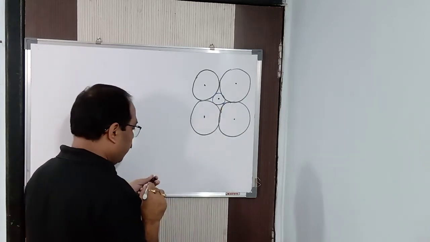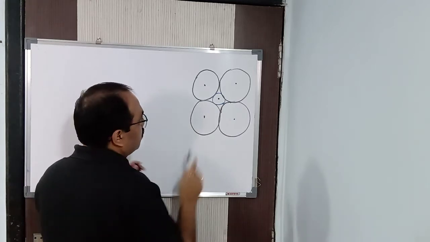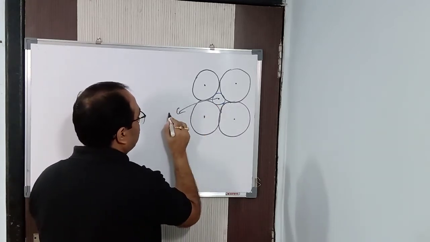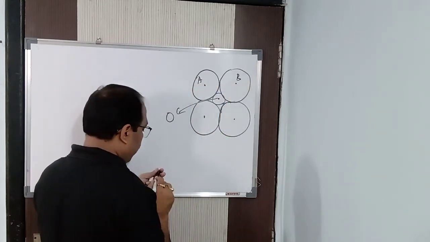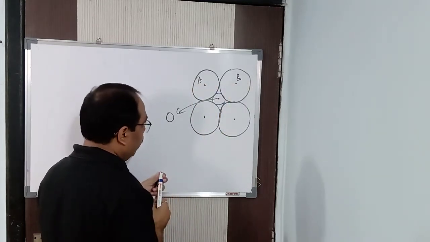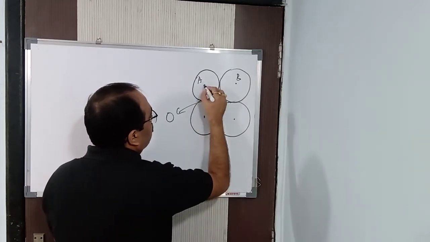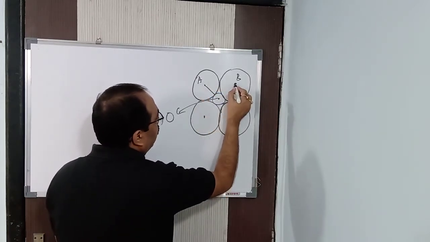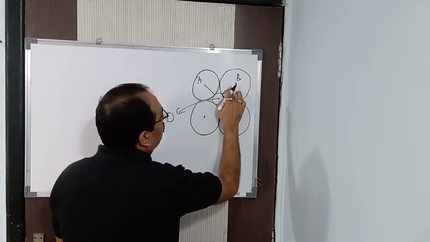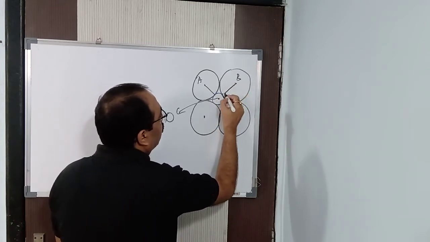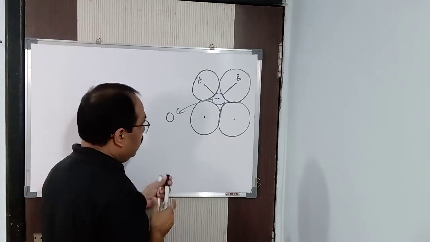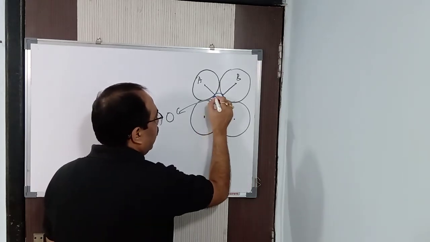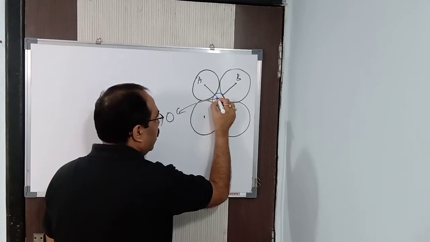Listen carefully, the center of the void I am taking as O, and this one I will take as A, and this one as B. And I will join them. Here to here I am joining with black. For the atoms I am joining with black, and for this one I am joining with blue, a dotted line, as you can see.